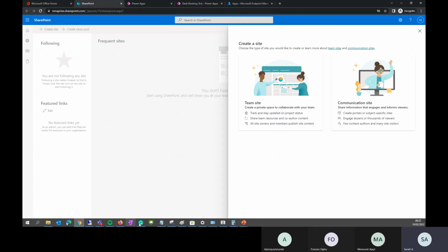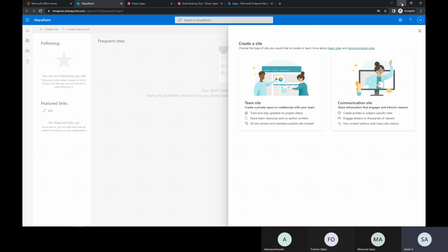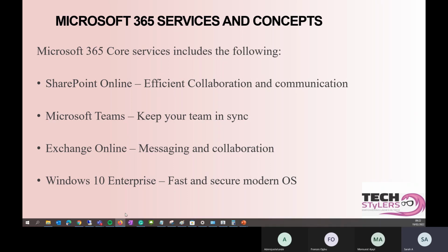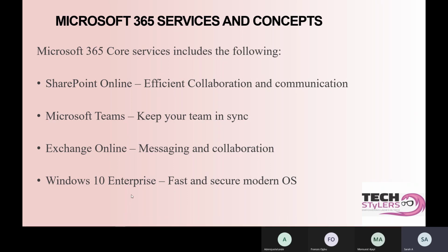Then the next one we're going to be looking at is Microsoft Teams. Yeah. So what is Microsoft Teams? We are using Microsoft Teams right now to discuss. Microsoft Teams is a collaboration feature provided by Microsoft to keep your teams in sync. Most organizations work remotely right now.